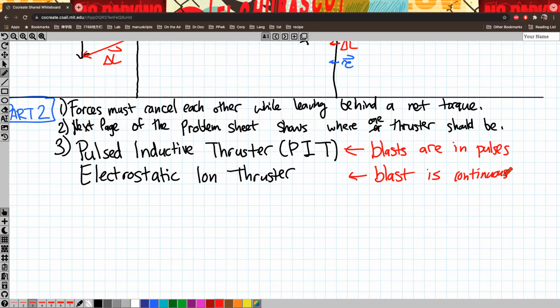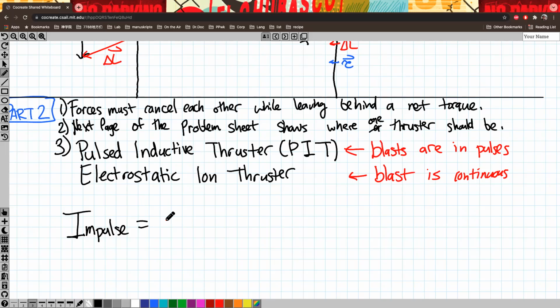Well, you can think of it this way. You learned in one of the first units about impulse. Do you remember what impulse equals? It's equal to the mass of an object times the distance away from the center of mass squared.